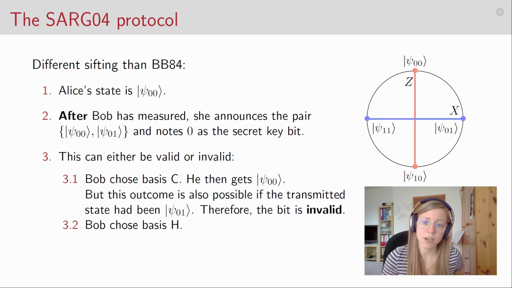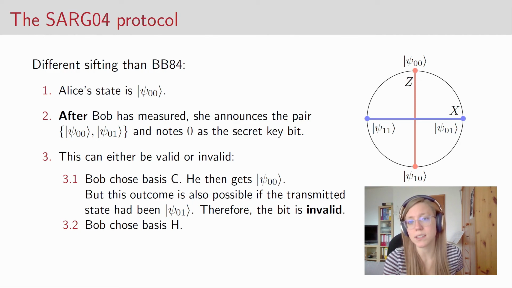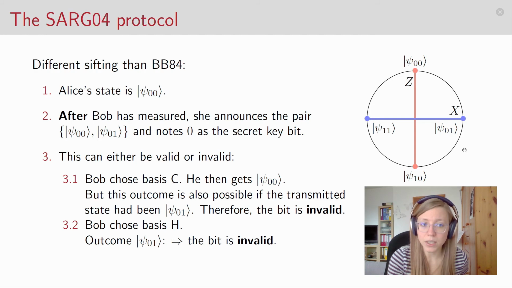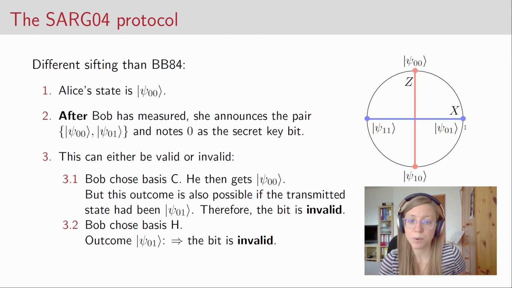The second scenario is that Bob chooses the Hadamard basis to measure the bit. In this case, he gets a random result. So he either gets the state psi01 or the state psi11. If the outcome is psi01, the bit is invalid, because as in the previous case, this is consistent with both of the candidate states.